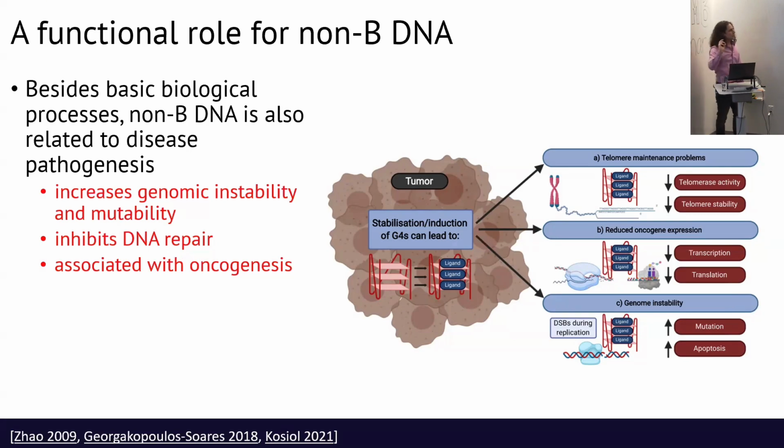There was also work showing that, even independent of cancer, if you look at G-quadruplex motifs and correlate that with level of mutability, the mutation rate is significantly increased in G-quadruplex motif regions. So it seems to be related to mutability or maybe genomic instability.